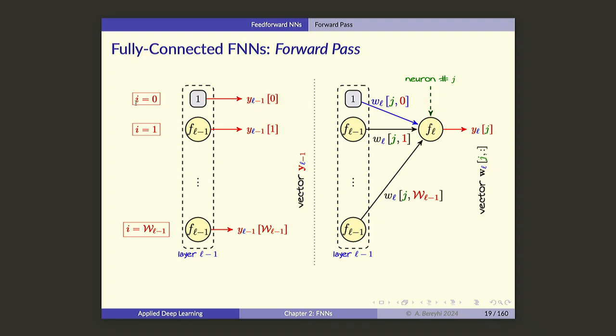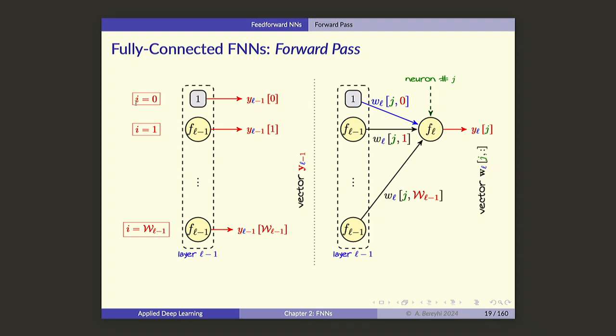So here I have Y of layer L minus 1 of neuron 1, and so on till the last one, Y of layer L minus 1 of neuron W of L minus 1. And what is this W of L minus 1? We defined it to be the width of the layer, right? So this is the width of this layer. We have 1, 2, 3 till W of L minus 1.